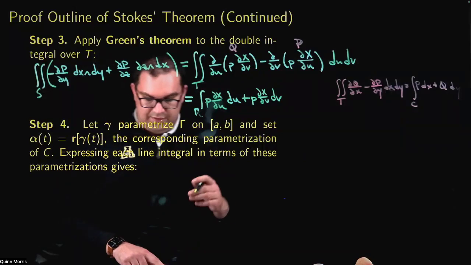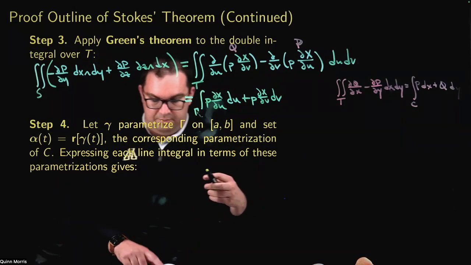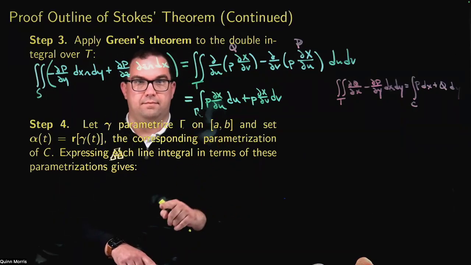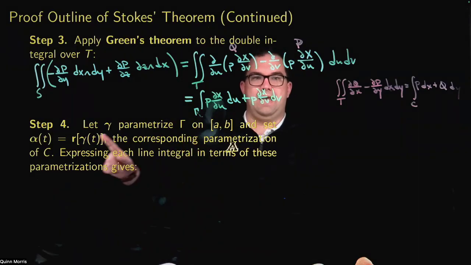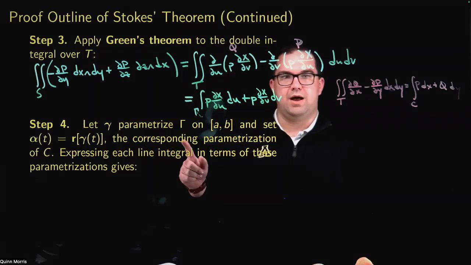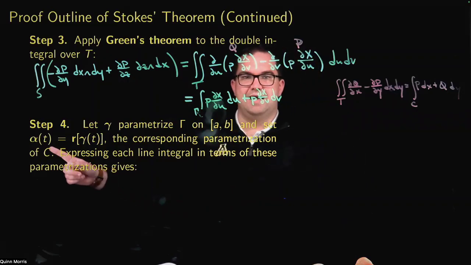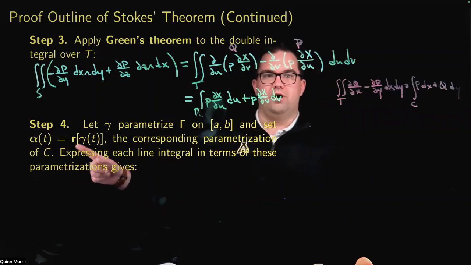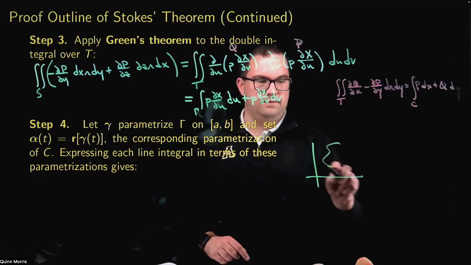Now, if we finally parameterize this curve capital gamma with the function lowercase gamma, then lowercase gamma is going to parameterize capital gamma on [a,b]. And then I'm going to set alpha of t to be r of gamma of t. So again, the idea is you're over here in parameter space.